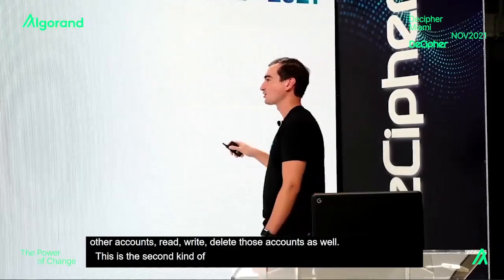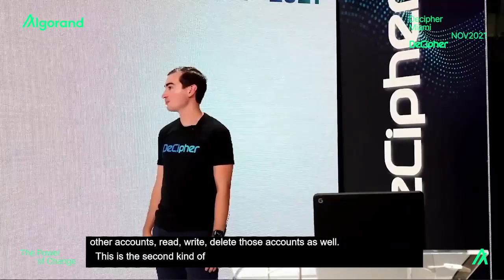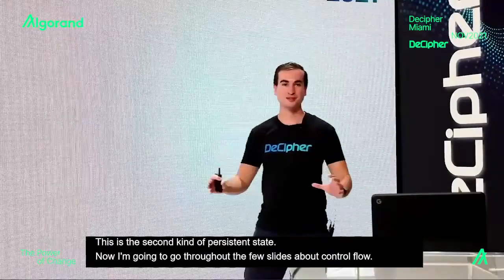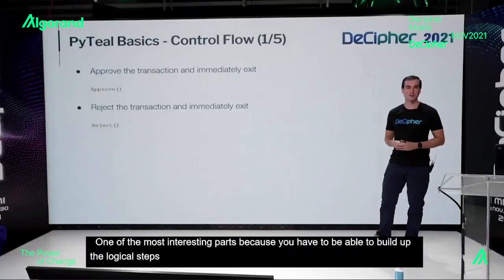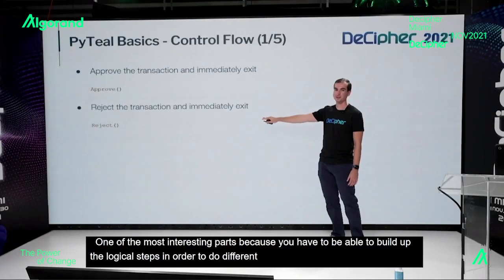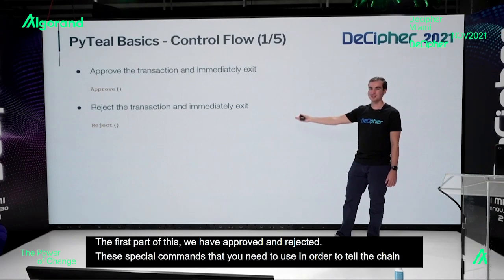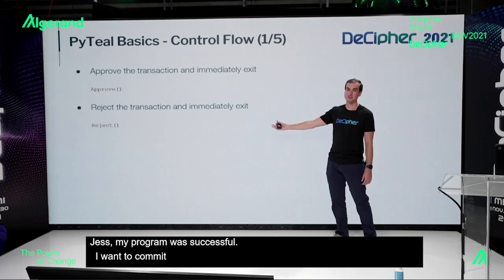And now I'm going to go through a few slides about control flow, which is one of the most interesting parts, because you actually have to be able to build up these logical steps in order to do different things based on different conditions or different inputs to your app. So the first part of this, we have approve and reject. These are special commands that you need to use in order to tell the chain, yes, my program was successful, and I want to commit any changes that have happened during the runtime, or no, this program was not successful for some reason.